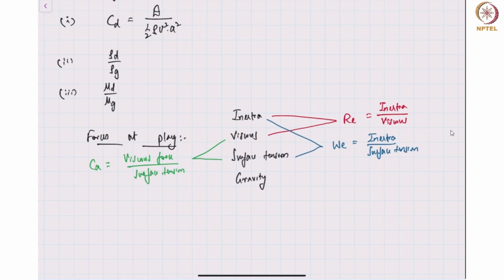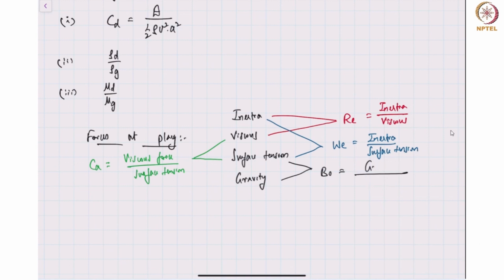And finally, we could have another non-dimensional group, which is surface tension to gravity. This is referred to as the Bond number. Right? Or gravity to surface tension. That's usually the other way around. Let me just correct that.